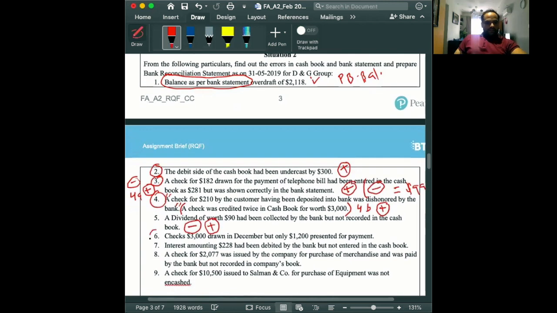Number 6. Check 3,000 drawn in December, but only $1,200 presented for payments. Plus or minus?